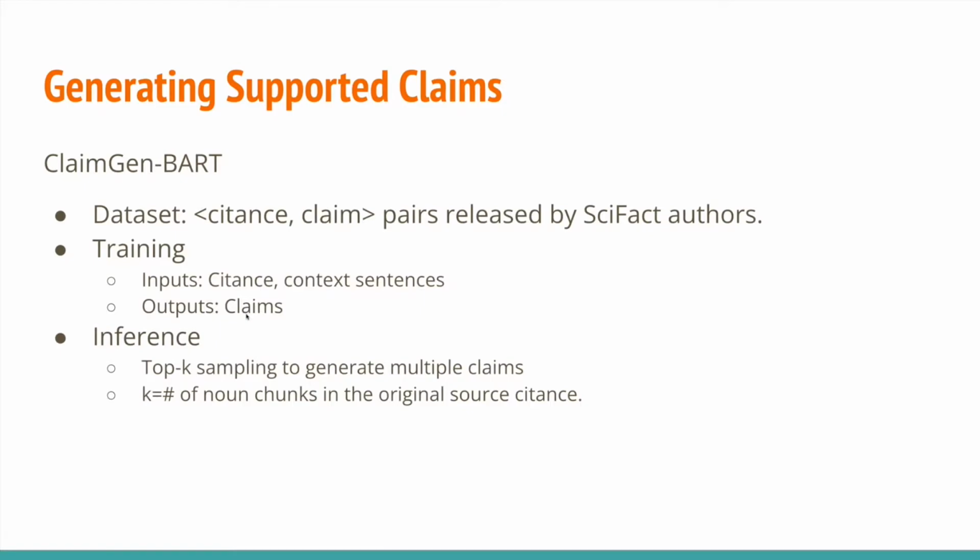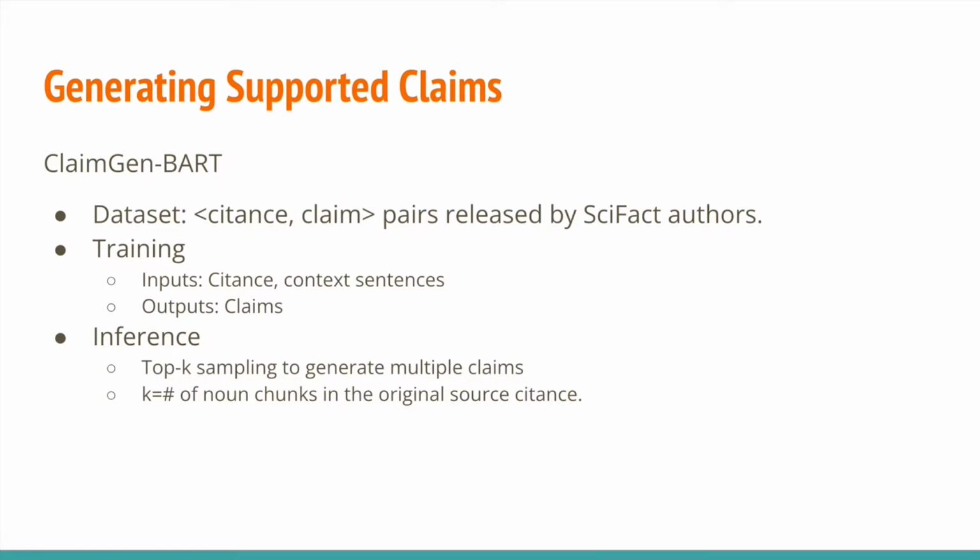Next, they present the second approach, called ClaimGen-BART. This is the work's original, novel approach. It's actually simple. They take the dataset of citances and claim pairs released by the SciFact authors. For training, the inputs are the citances and the context sentences.